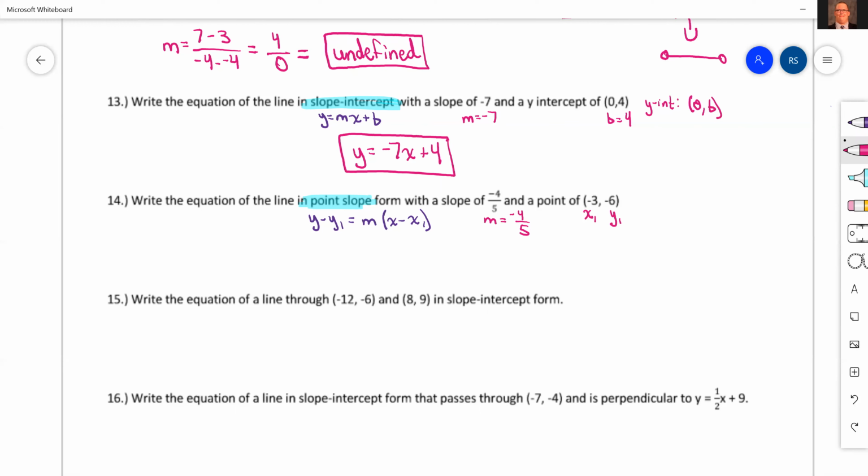So let's write our equation. We have all the pieces. We have m, we have x1, and we have y1. So y minus y1 is -6 equals our slope, -4/5 times x minus x1 is -3.